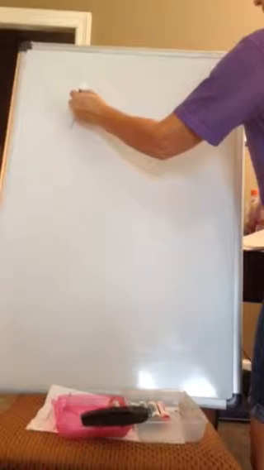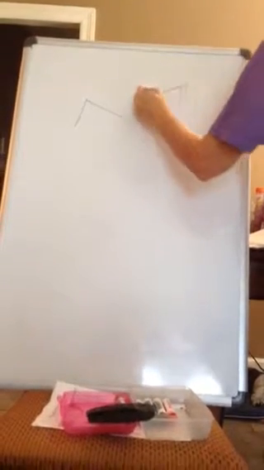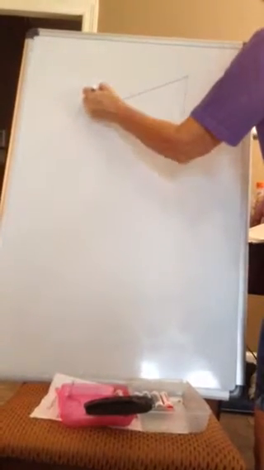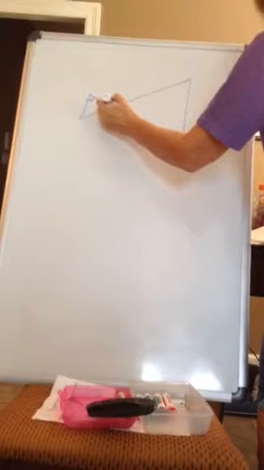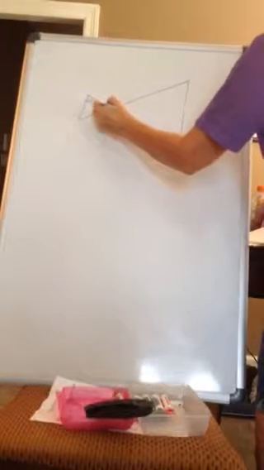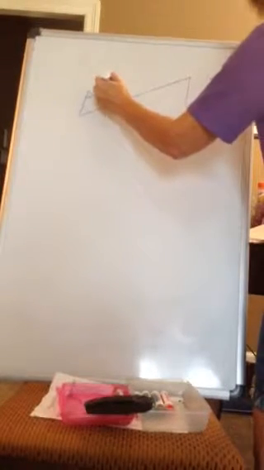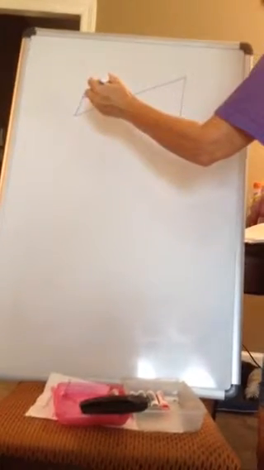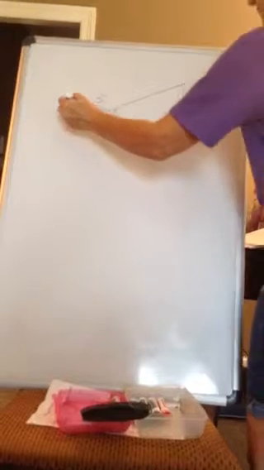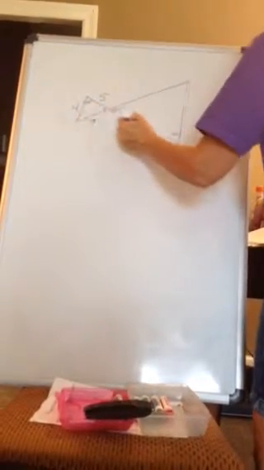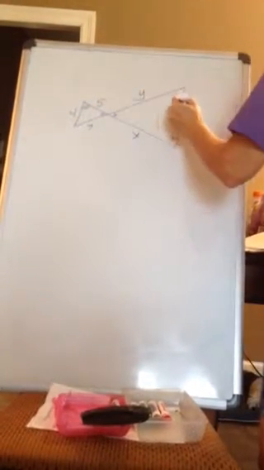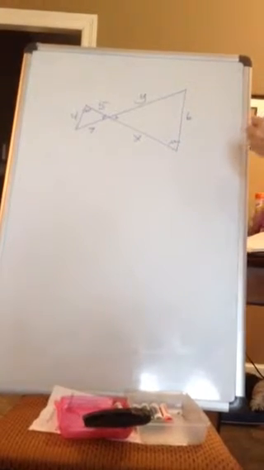So in example 19.3, of course, you have to remember to use corresponding sides. These are vertical angles, so they are equal. And this is example 19.3 on page 95. We can solve for x and y.